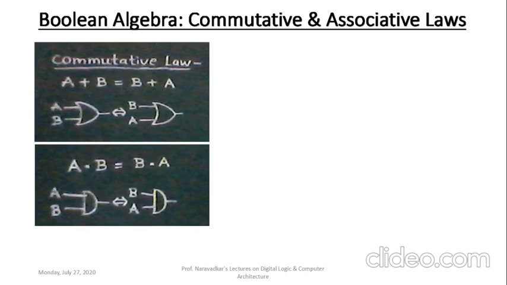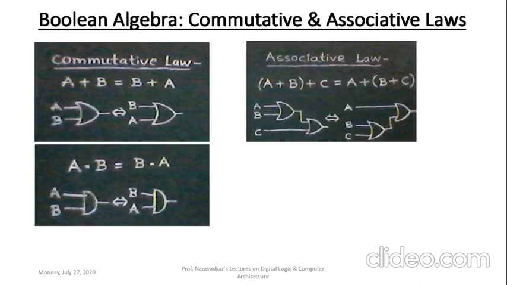Now the next is associative law, which is to be shown on the right side of this particular page. So here is that associative law. The equation you can carefully observe written here. Inside bracket A plus B, bracket complete, plus C is equal to A plus bracket B plus C here.